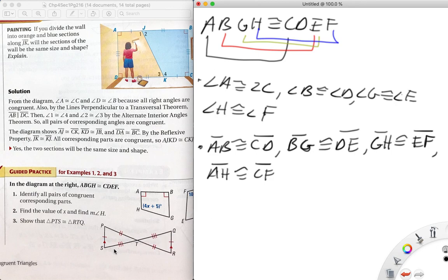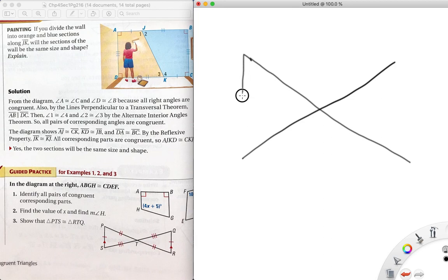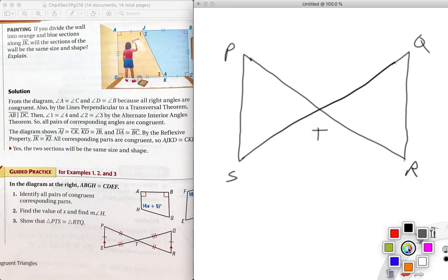Alright, here's how to do this one. P, S, and T, Q, and R. We know that these lines are parallel.